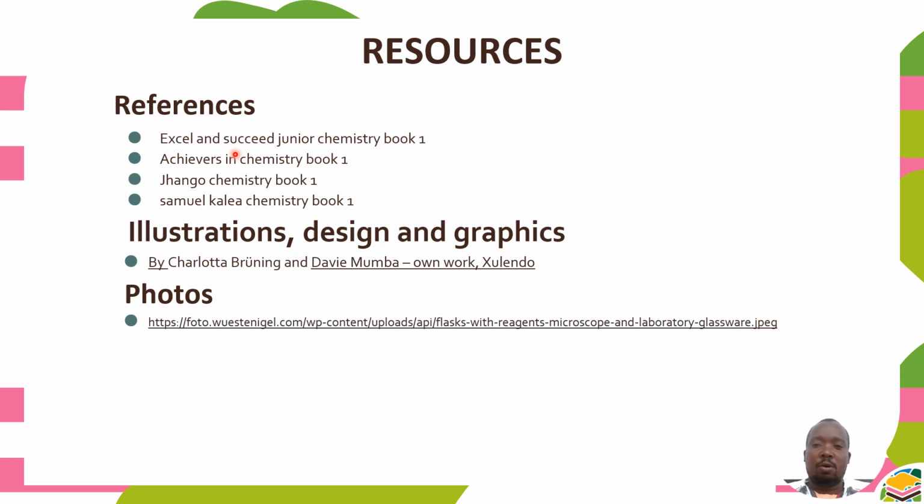Look for more reference materials, go to the internet, check for other books as well, so that you supplement the information found in the references which I'm using. Be open, feel free, and use any other sources.